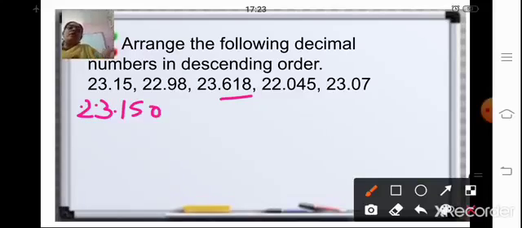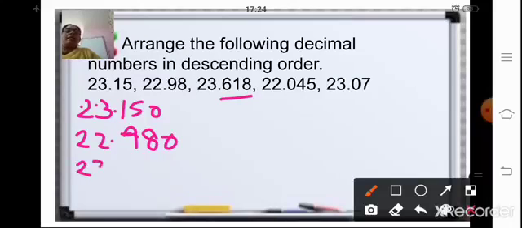The next number 22.98 will become 22.980. The third number will remain as it is. It is already 3 decimal places. It has 3 digits after the decimal point.